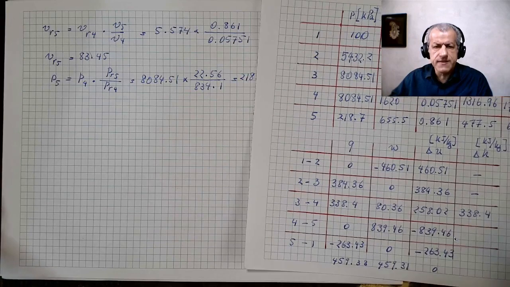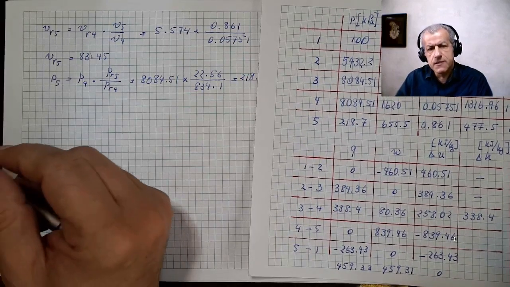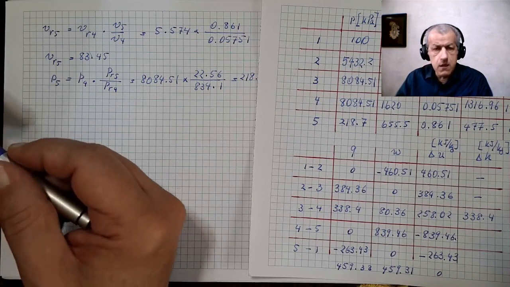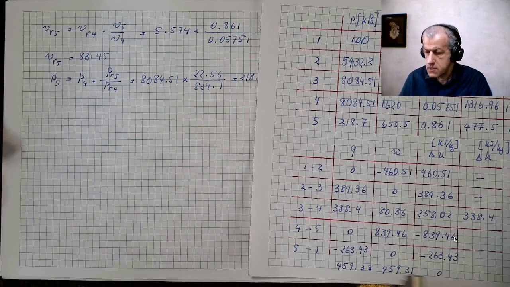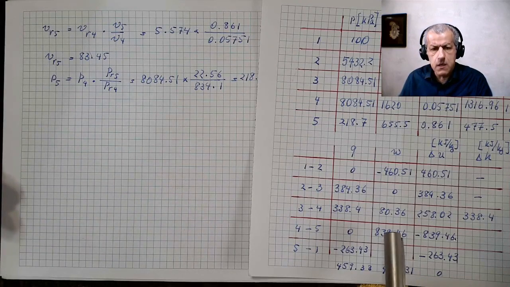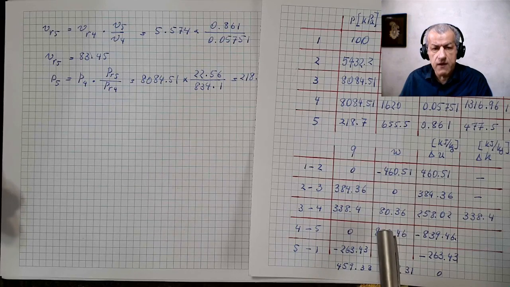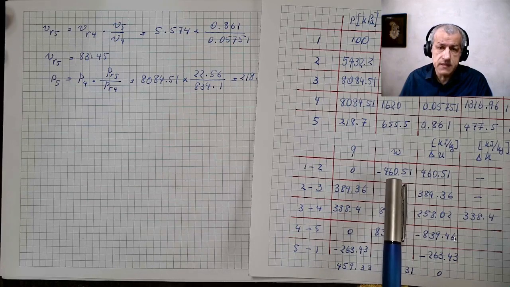The final step in our calculation of this cycle is to calculate the total work, which we have already done. The total work here is the work that we have gained from these two processes, 3-4 and 4-5, minus the work we have done to compress air to start with.